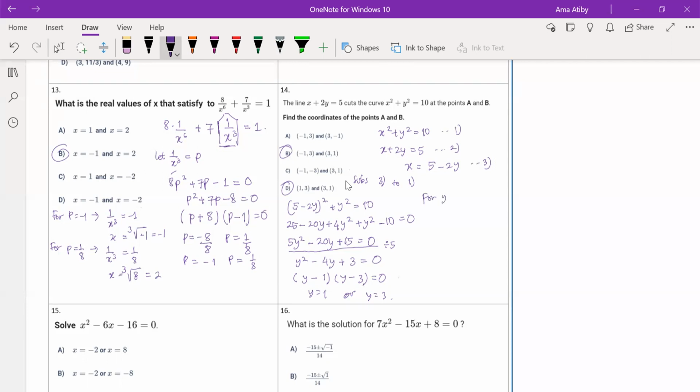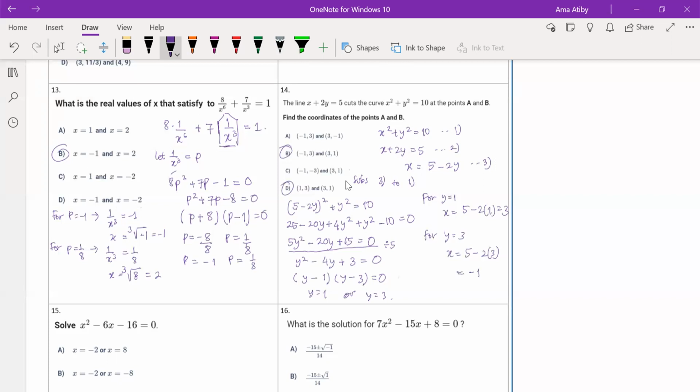For y equals 1, x equals 5 minus 2 times 1, so it will be 3. For y equals 3, x equals 5 minus 2 times 3, so it is minus 1, right?